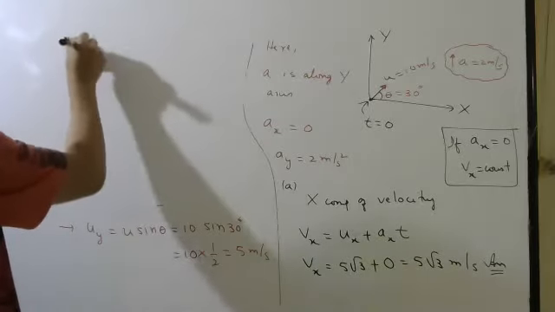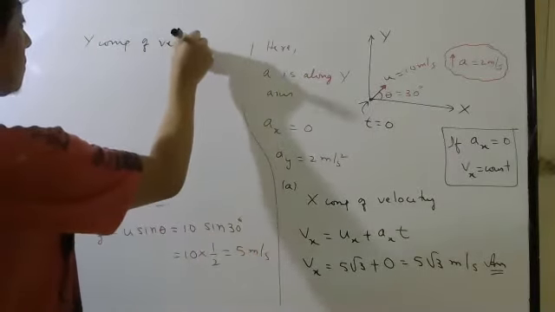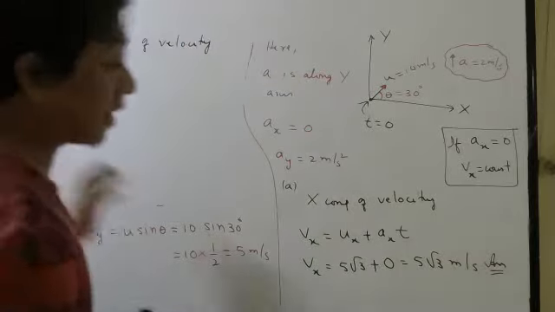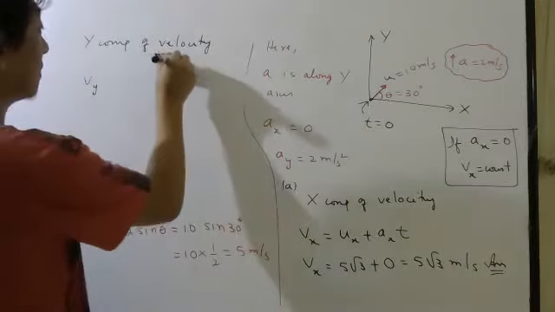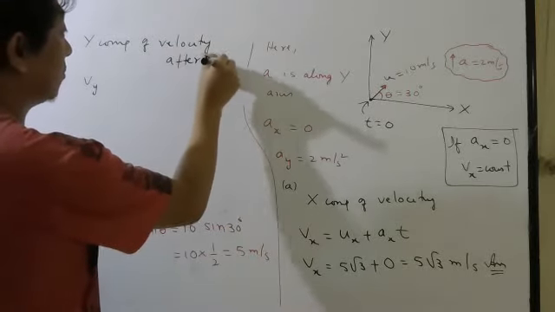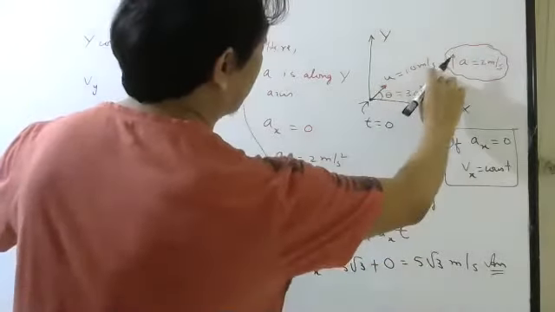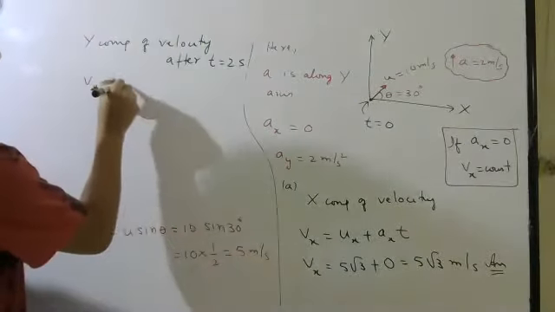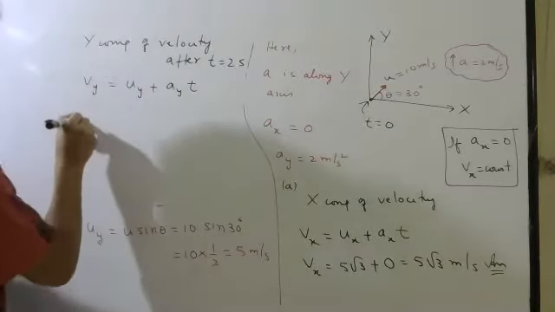Second part, they are asking y component of velocity. Remember, after 2 seconds they told. So Vy after 2 seconds. T equal to 2 seconds. So what will be the formula now? Uy plus Ayt.